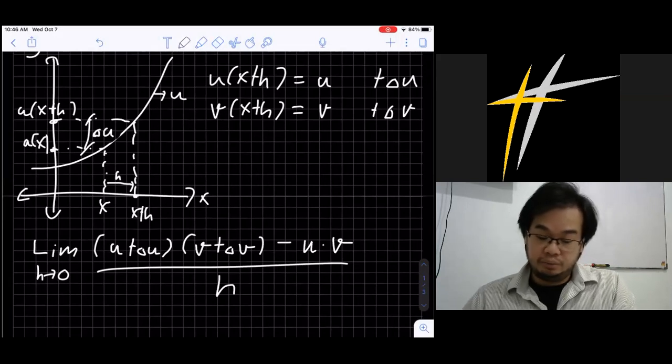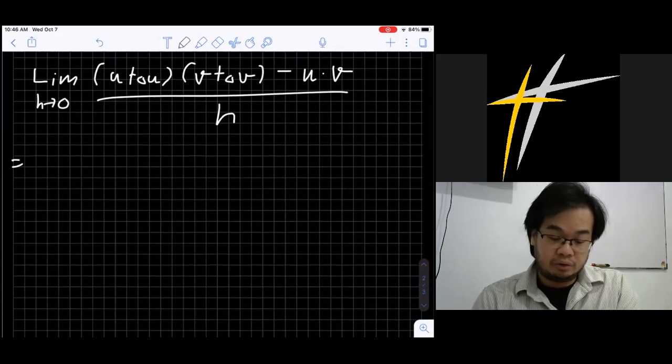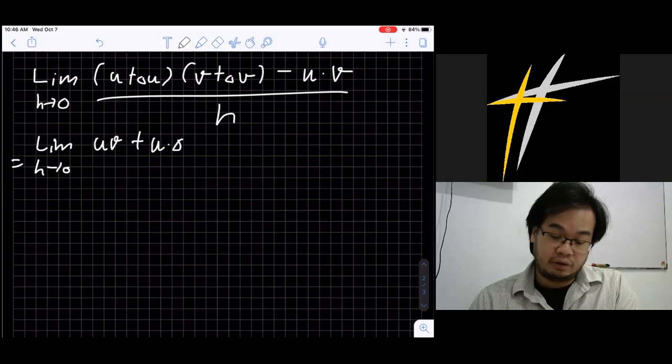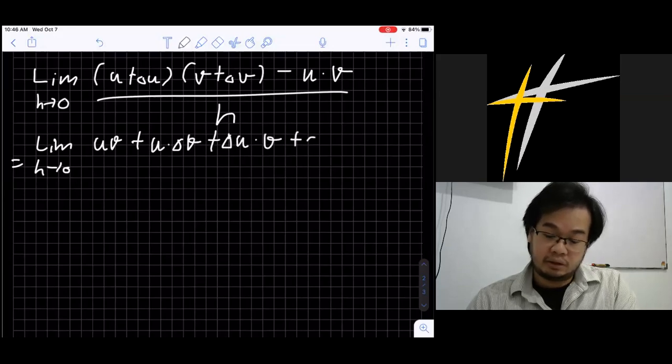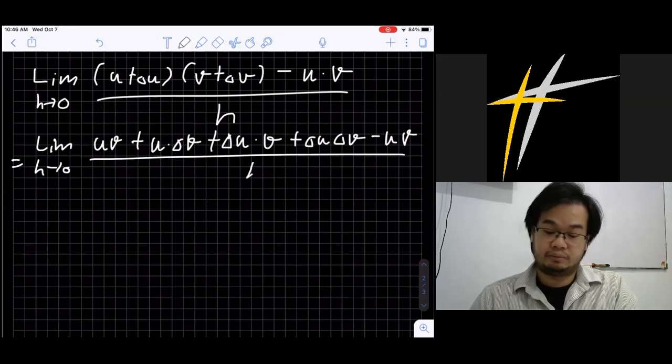Now let's continue. After that, I'm going to do the distributive, so it's equal to the limit of h approaching 0 of u phi plus u times delta phi plus delta u times phi plus delta u delta phi minus u times phi, over h.